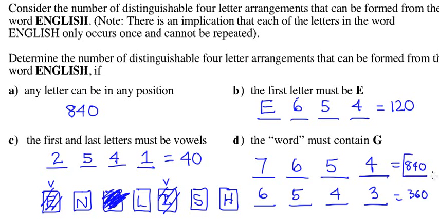So there are 840 words grand total. There are 360 words which don't contain G. 840 minus 360 tells us there should be 480 words which do contain G.